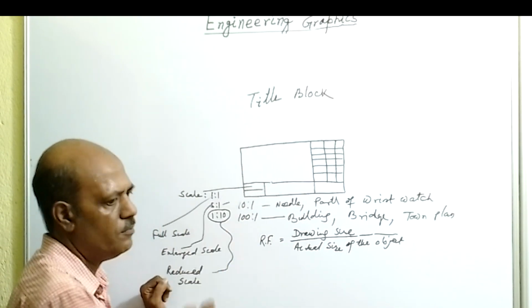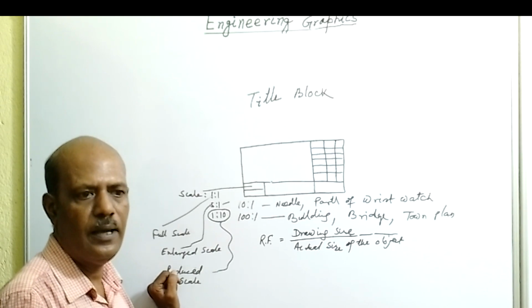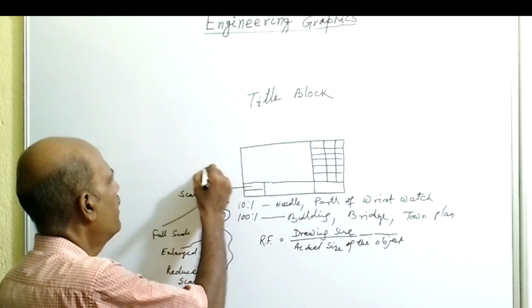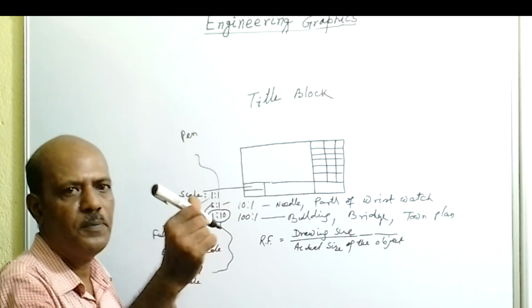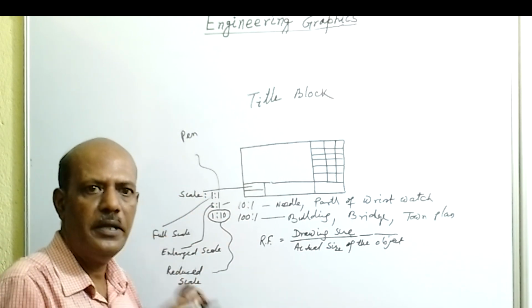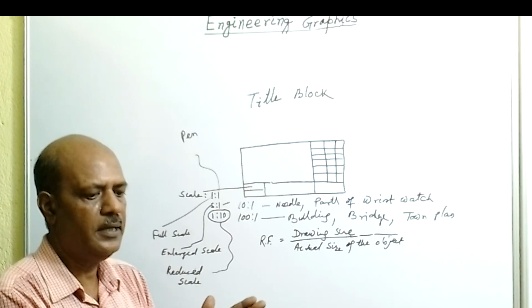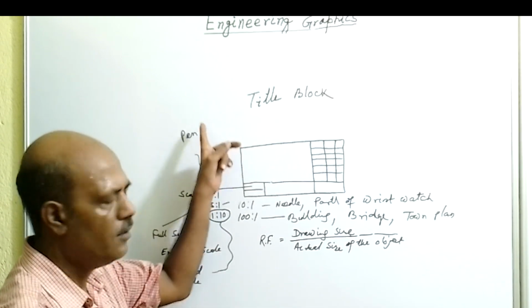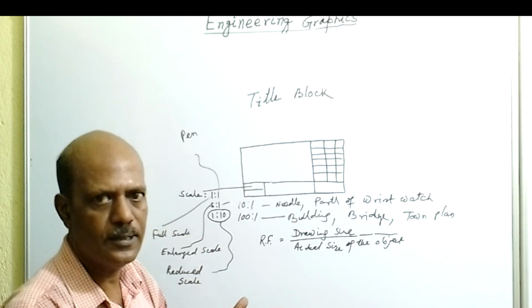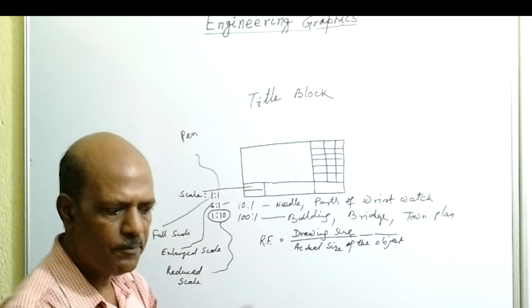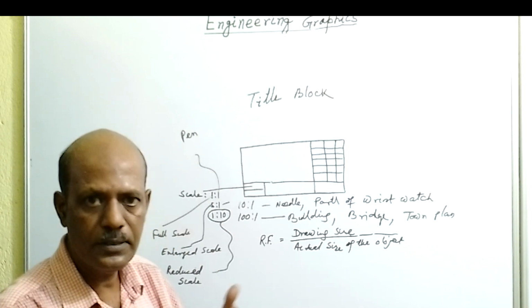And for full scale objects, say we want to draw the view of a pen. This pen can be drawn very easily on a sheet of paper, because the size and the drawing sheet can be represented easily on a standard size drawing sheet.